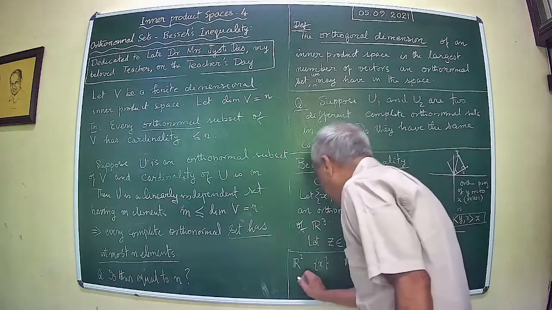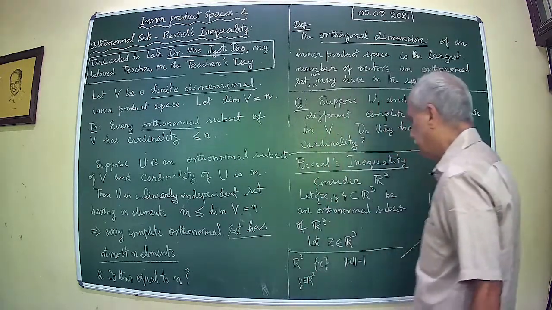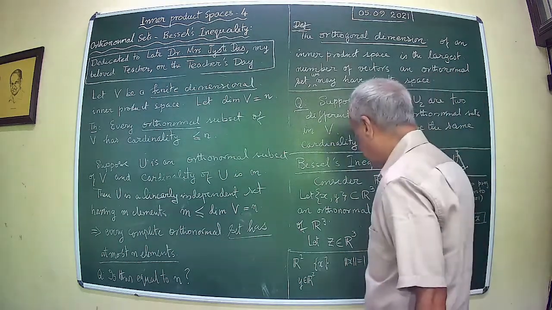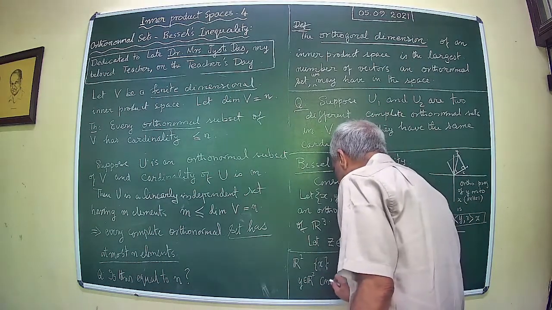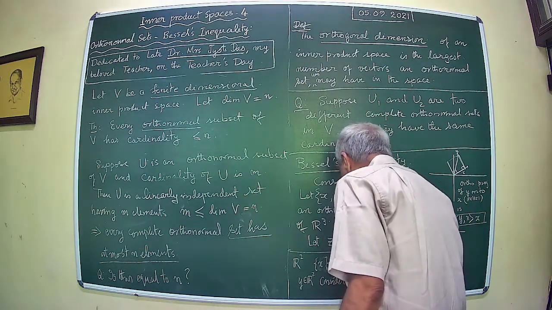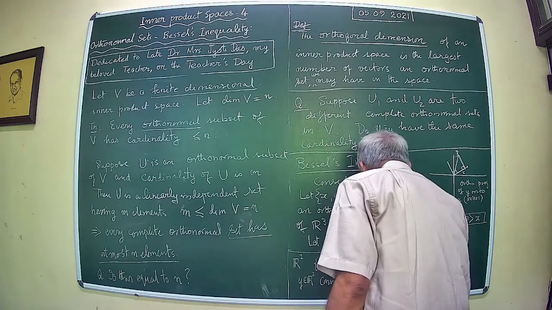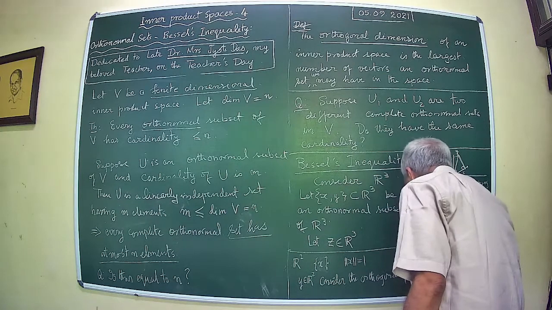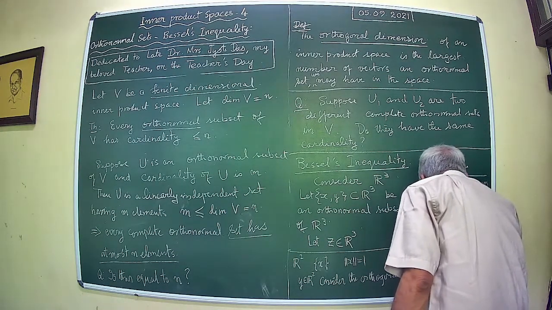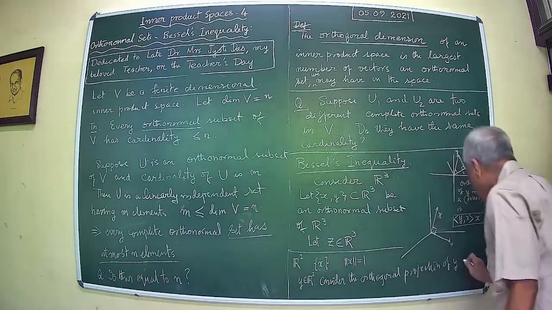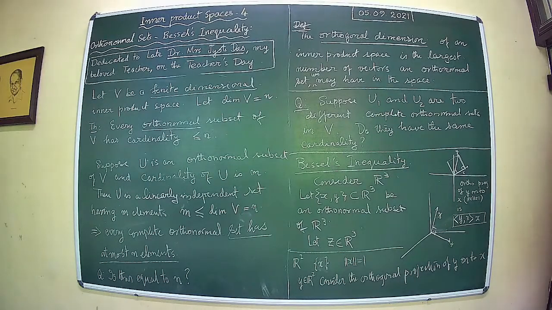Now let y belong to R2. Now you take the orthogonal projection of y along the vector x.